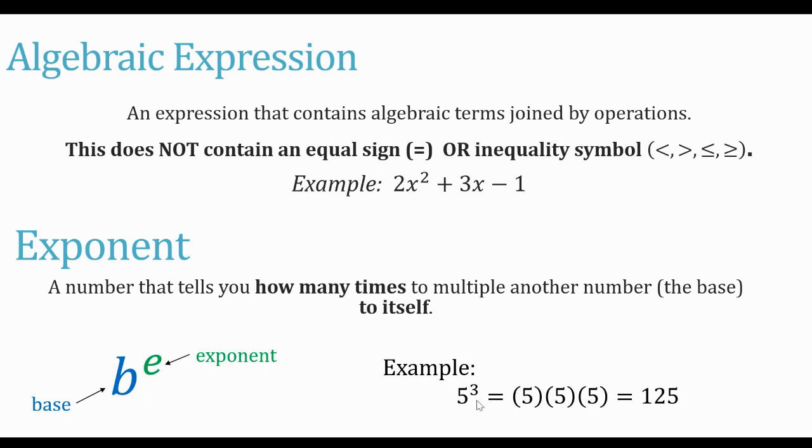So an example, 5 to the third power is saying 5 times itself 3 times. 5 times 5 times 5, which is 125. Please do not make the common mistake of multiplying the base and the exponent. A lot of people would write 5 to the third power is 15, which it is not. It is 5 times 5 times 5, which is 125.